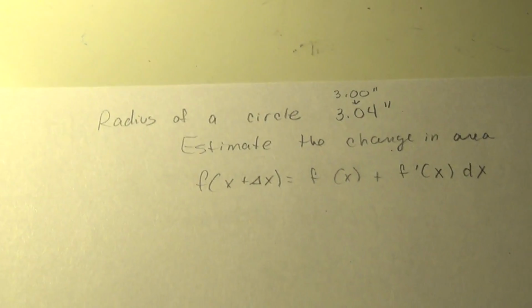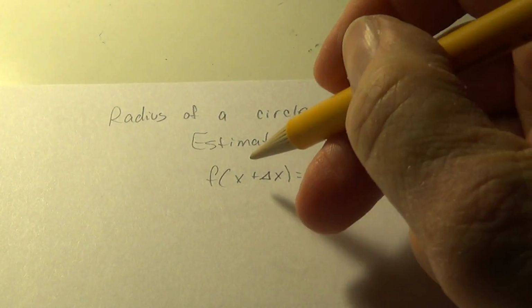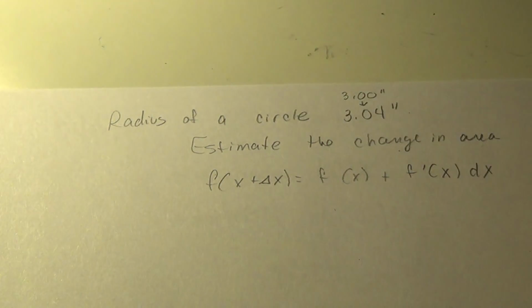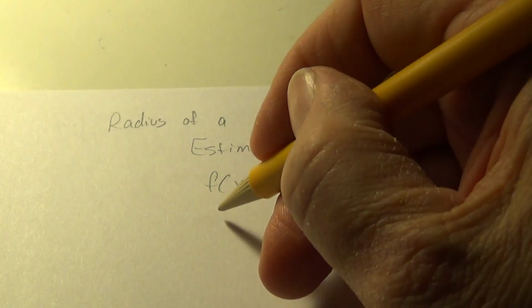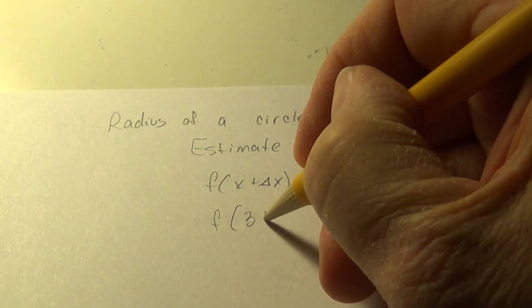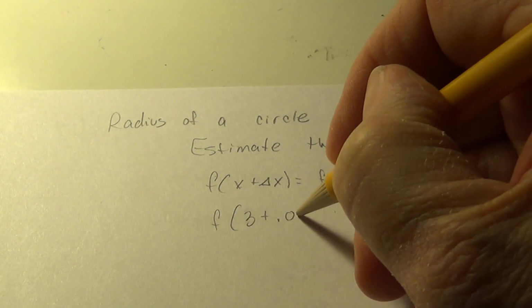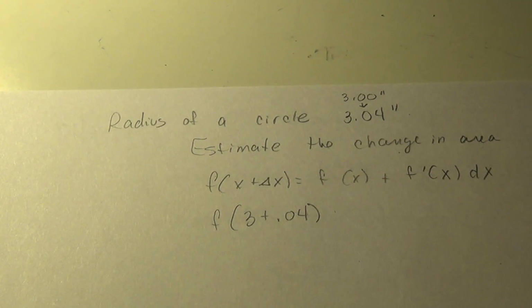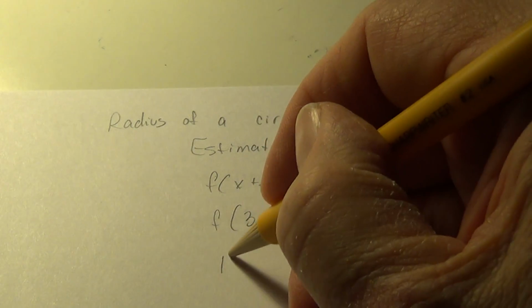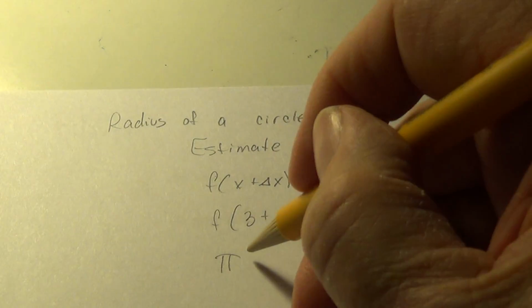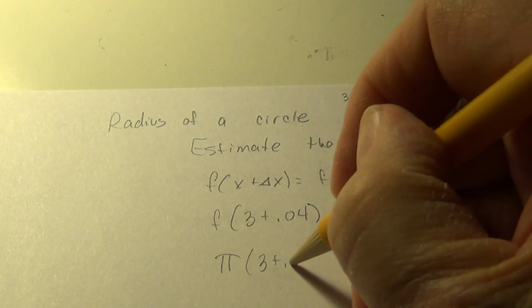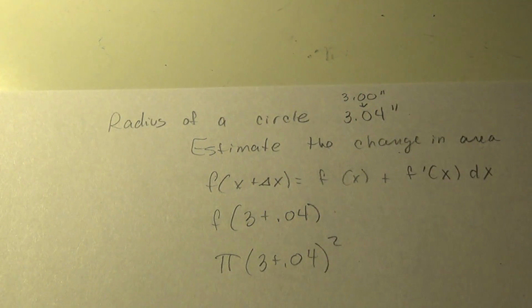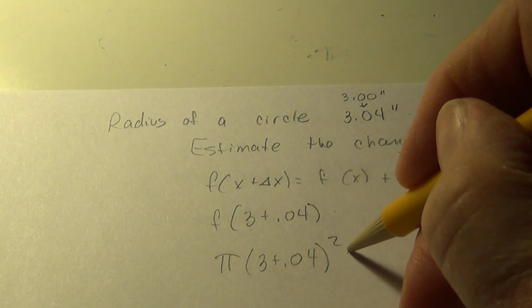So we are going to look at the function evaluated at 3, so the function evaluated at 3 plus 0.04. The function is pi r squared, so we're going to get pi times 3 plus 0.04 squared. That is what we're looking for, an approximation.